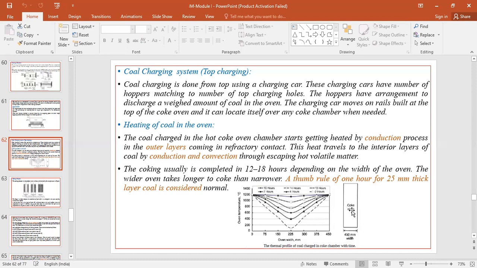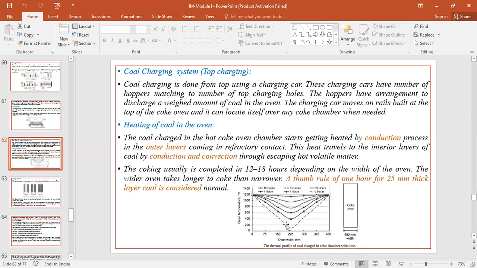For example, if you see here, there is an oven which has a width of 450 mm. Accordingly, at 1 hour per 25 mm thick layer, it will take around 14 hours to convert this 450 mm thick coal into coke.